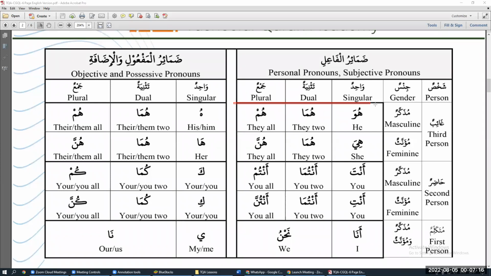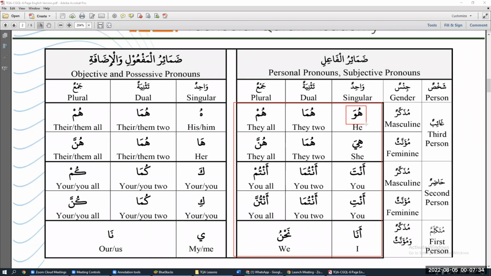These 14 words are very important, because throughout our journey we will deal with them.